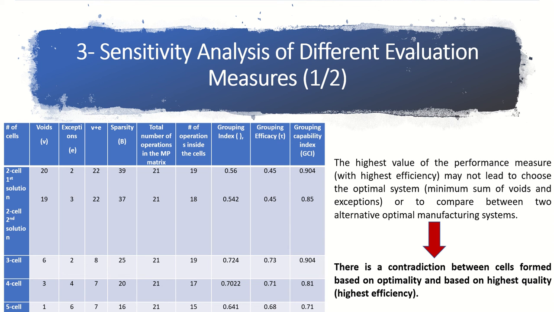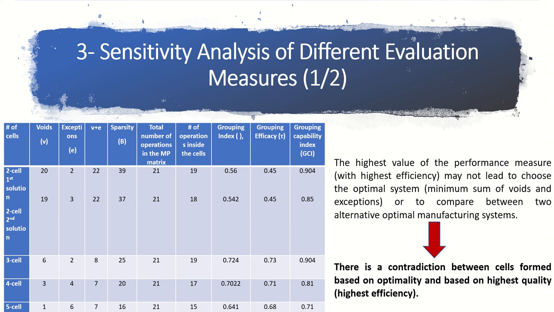The main principle of cell formation is to form cells with a minimum sum of voids or exceptions. Based on this principle, the designer will choose the system with the lowest E plus V, which is cell 4 or cell 5. But the main objective of grouping measures is to choose the cell with the highest quality, efficiency, and according to grouping measures, the designer will choose as follows.